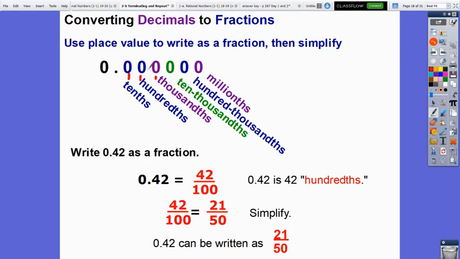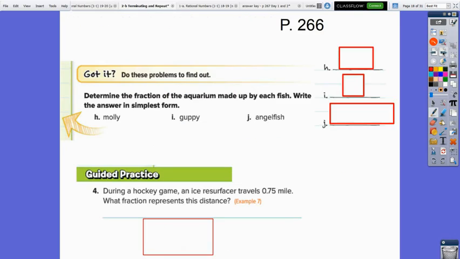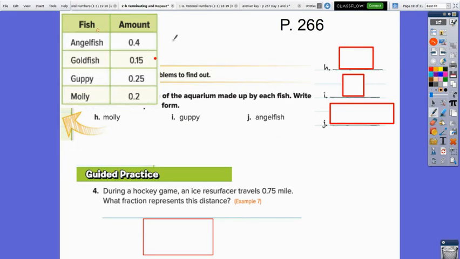But a very common mistake is that people think hundredths means 3 decimal places, but the hundredths place is the second one because there is no oneths place after the decimal point. Tenths, hundredths, thousandths. And then here again is how to convert the decimal 0.42 to a fraction, 42 hundredths, and simplify. Okay. All right. So I got a couple got it problems here.